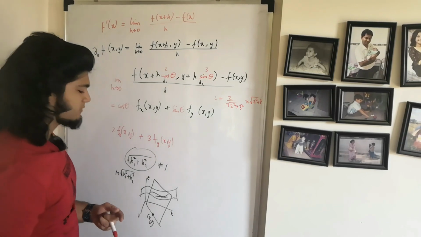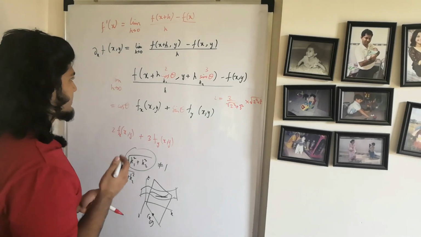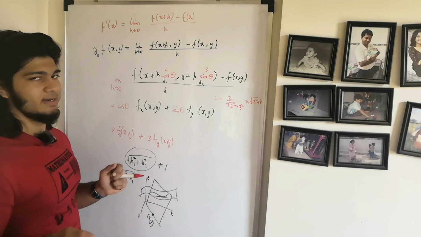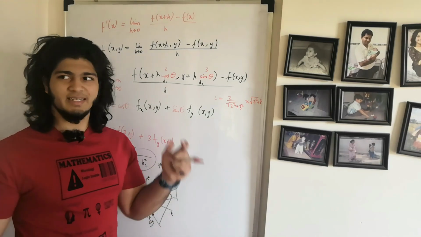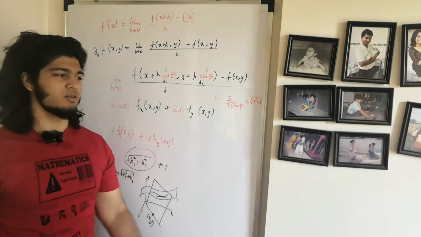But then that derivative would no longer have the nice interpretation of being a slope, and that's why it's not like the initial derivative which Newton thought of.